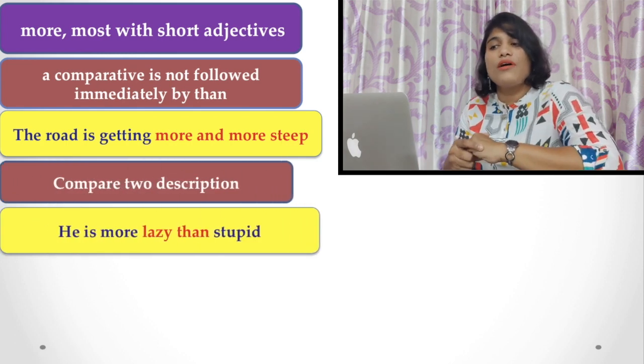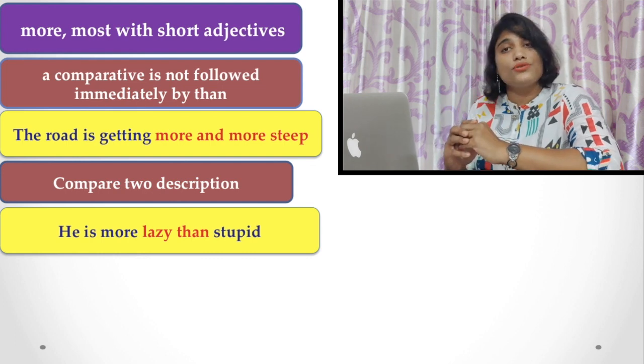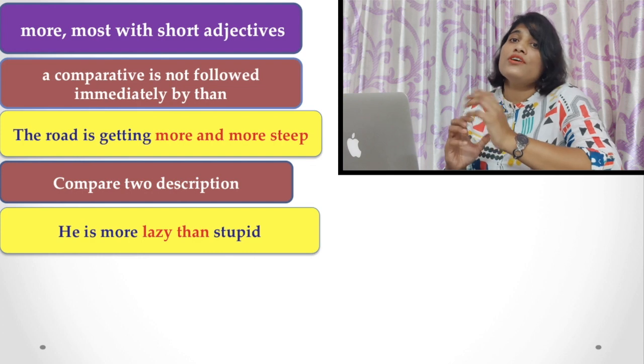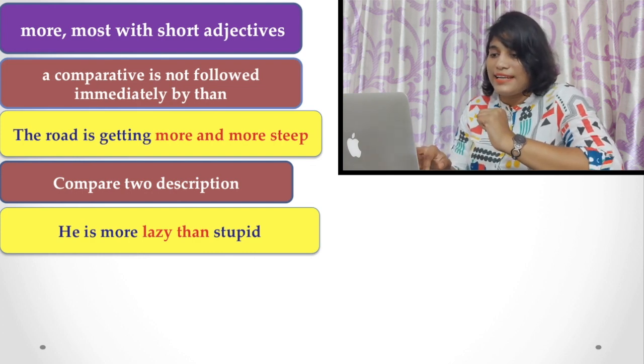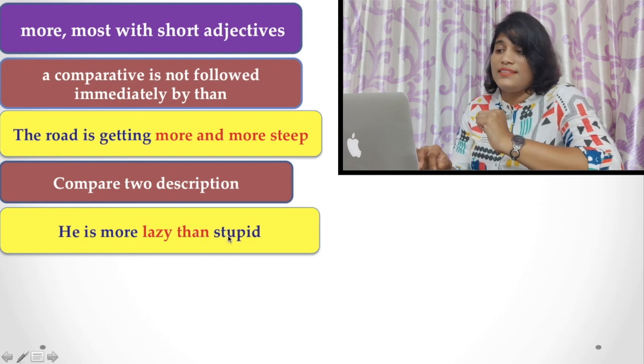Similarly, if you compare two descriptions, in that case also you have to use more with short adjectives. That is, he is more lazy than stupid. There, lazy and stupid are the descriptions about someone.